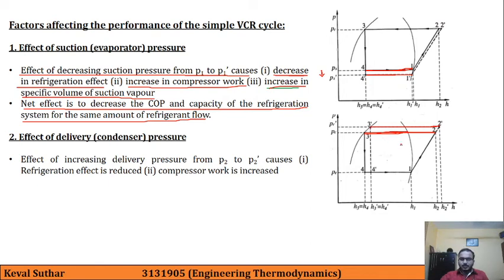So what happens because of this? Previously we had the refrigeration effect up to this. This was our previous refrigeration effect with our usual cycle. Once we increased the condenser pressure, the refrigeration effect has been reduced.